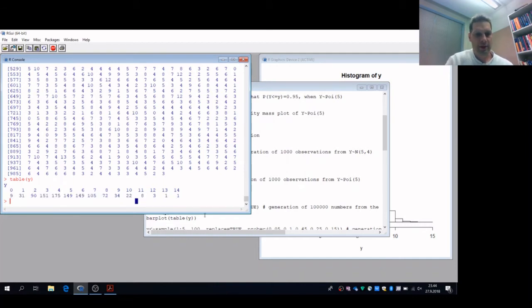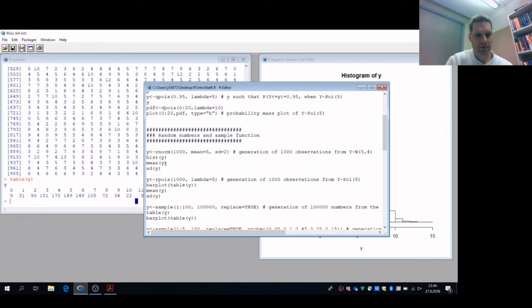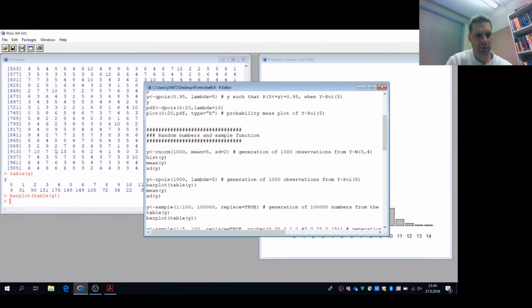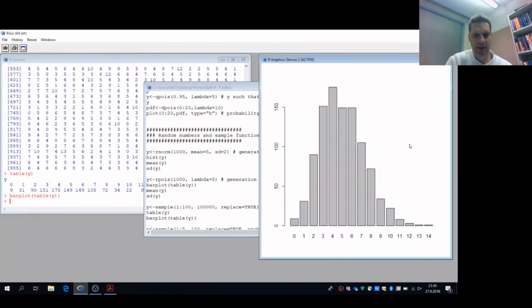And if we then do a bar plot using this table, we get this sort of graph here. So it basically plots this table.